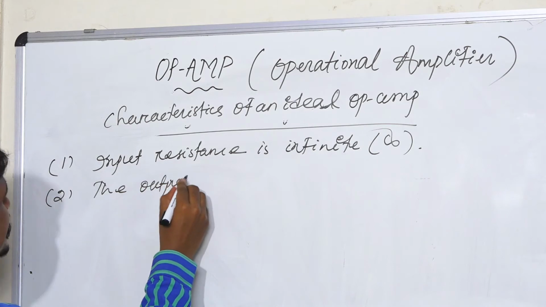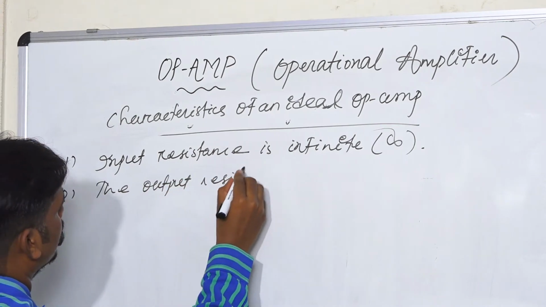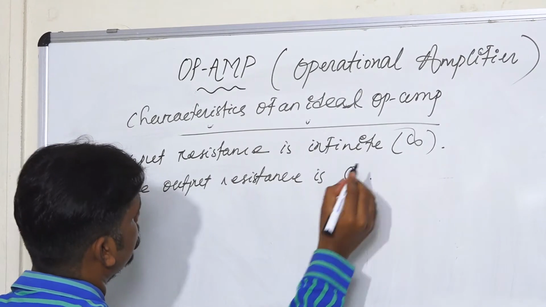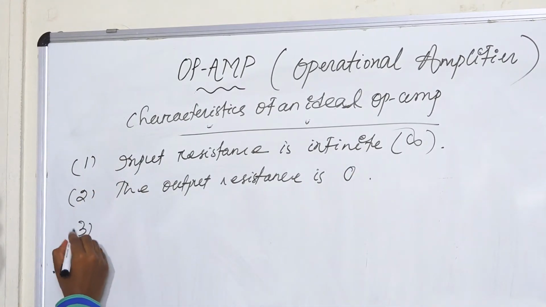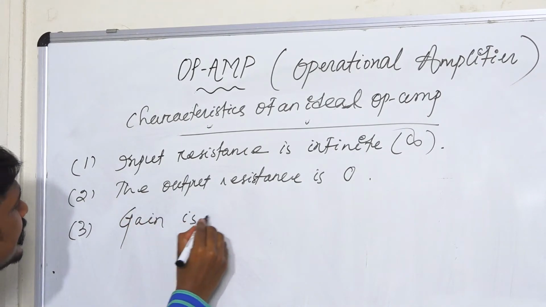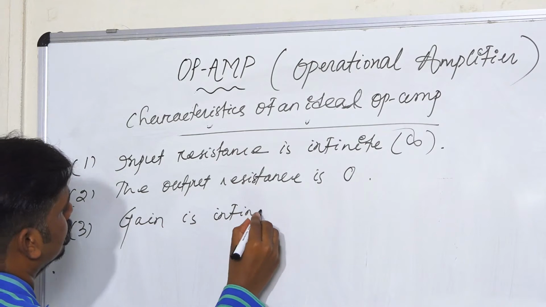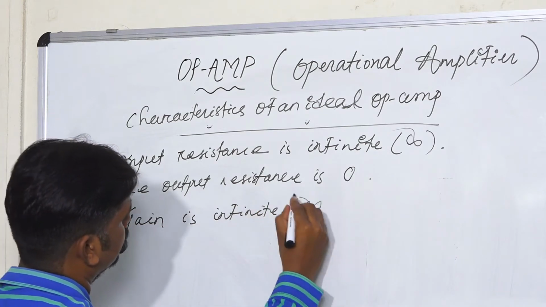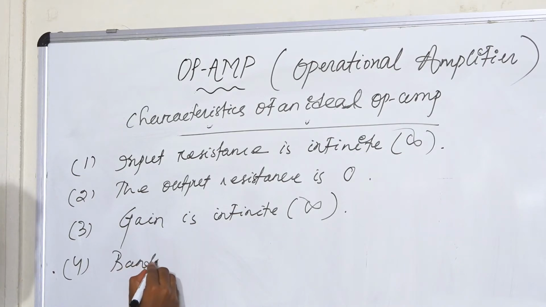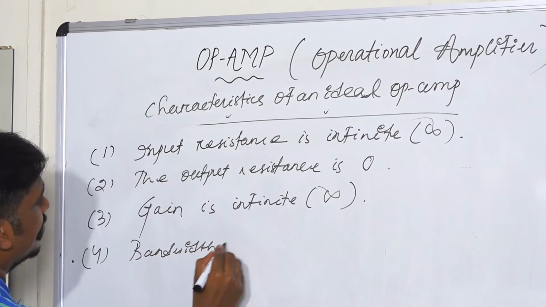The output resistance is 0. Gain is infinite. Bandwidth is also infinite.